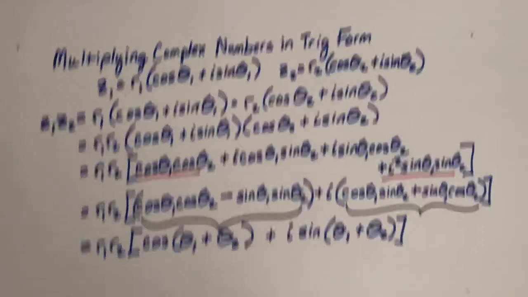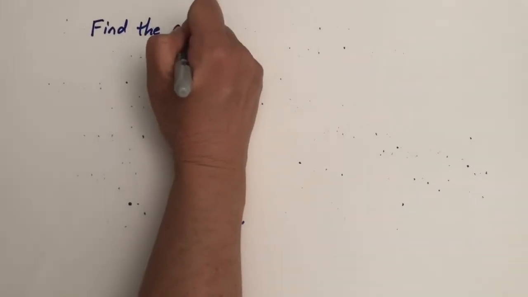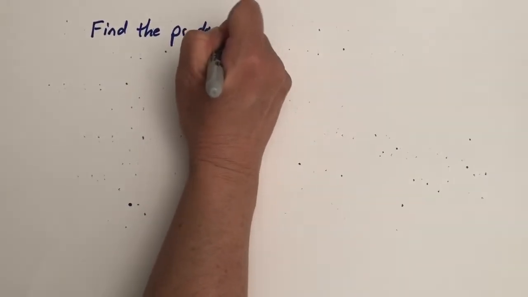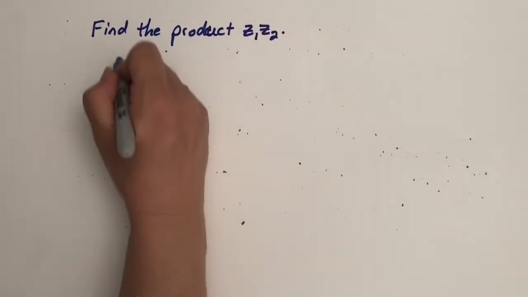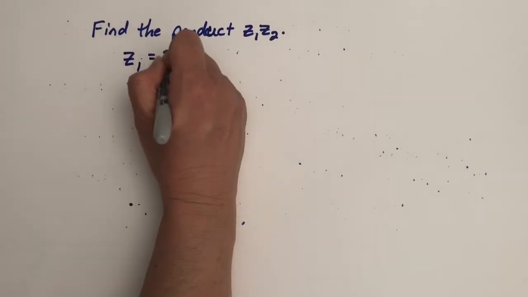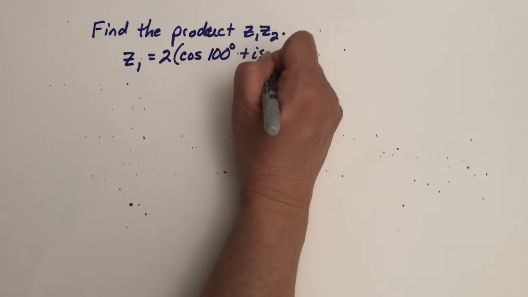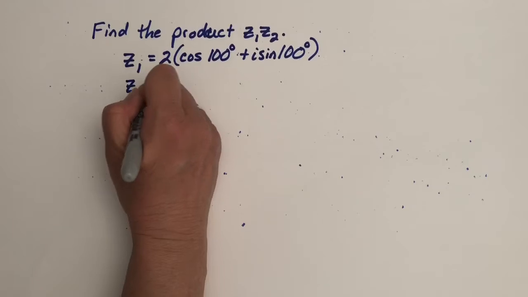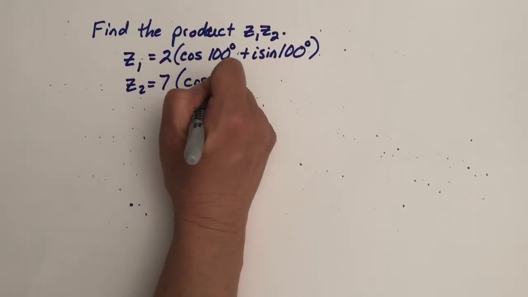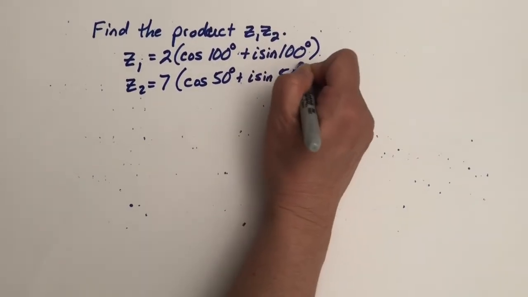I'm just going to give you one example. Let's do it. We're going to find the product z1 z2. We're going to let z1 equal 2 (cosine 100 degrees plus i sine 100 degrees), and we're going to let z2 equal 7 (cosine 50 degrees plus i sine 50 degrees).